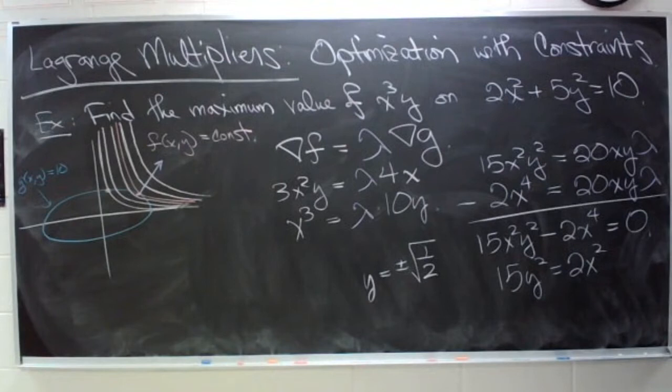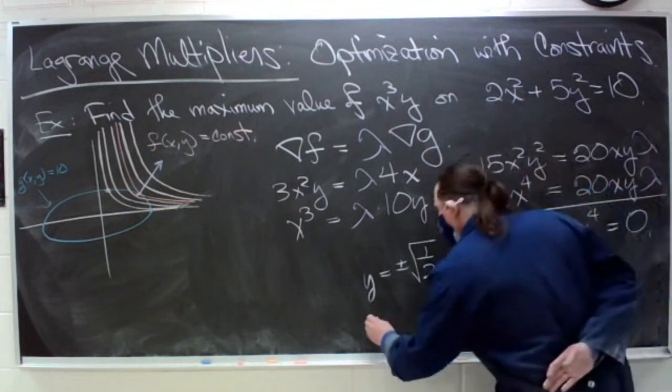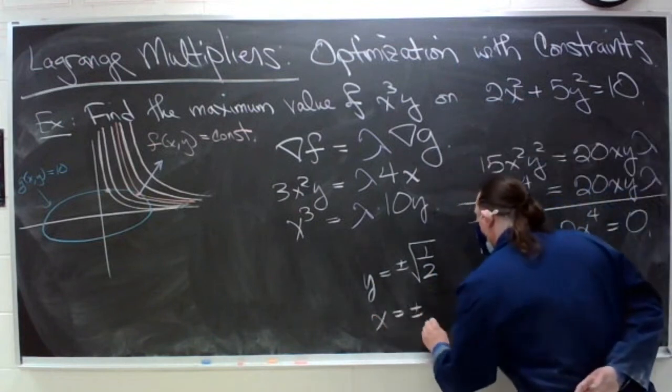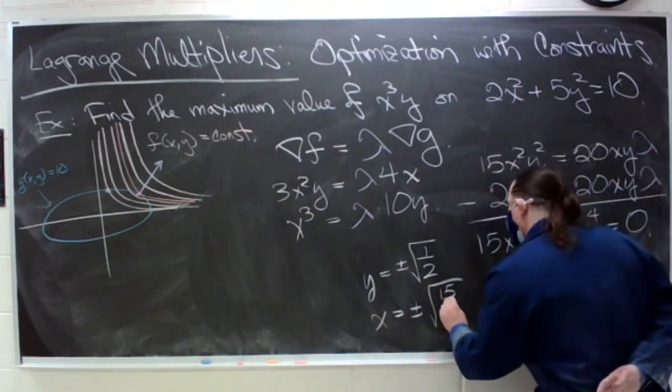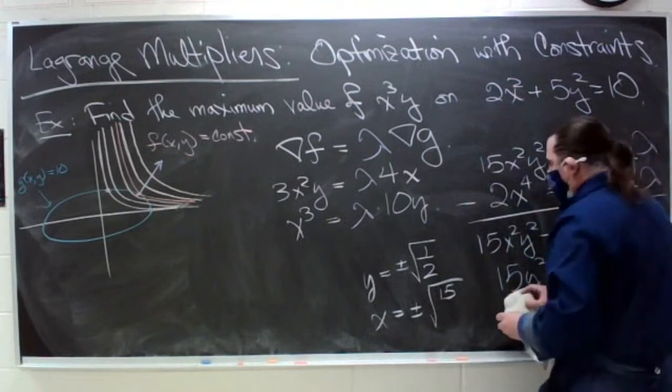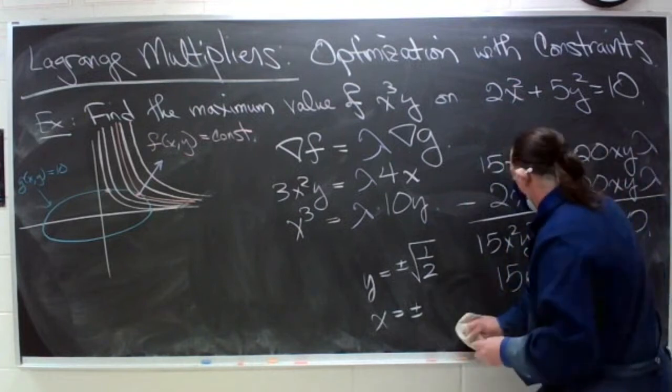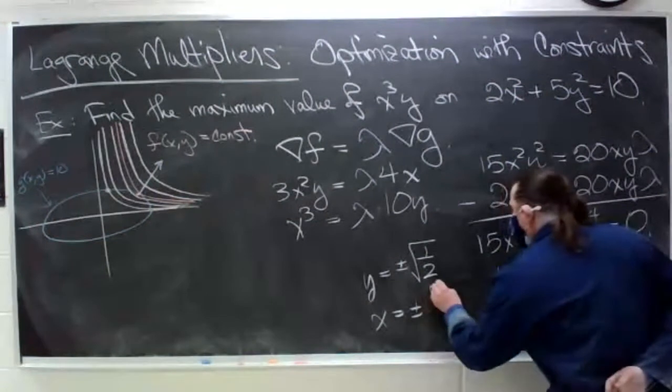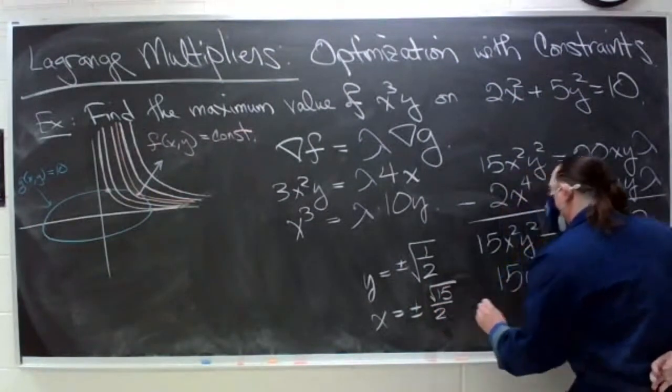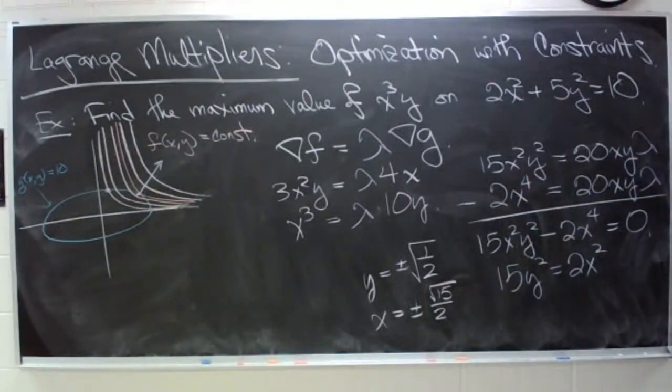Okay? So that would give us the value of y. x is going to be plus or minus the square root of 15 divided by 2. Okay?